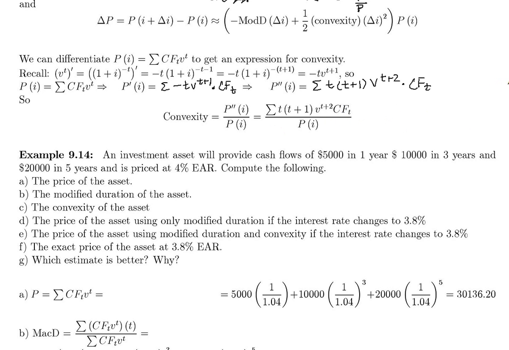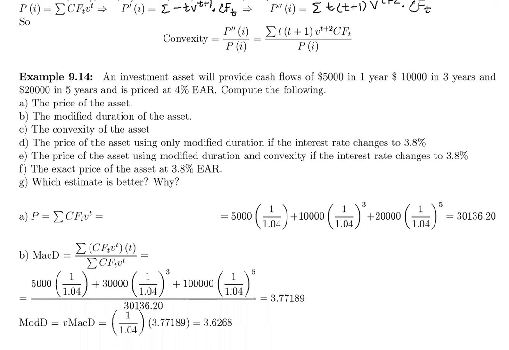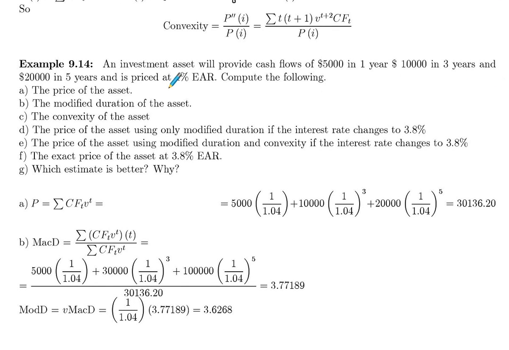So let's look at an example, put some of this stuff to work. We've got an investment asset that's going to provide some cash flows of $5,000 in 1 year and then $10,000 in 3 years. So if we draw out a time diagram here, time 0, 1, 2, 3. At time 1, we are going to have a cash flow of $5,000.